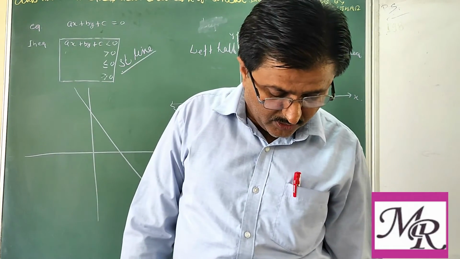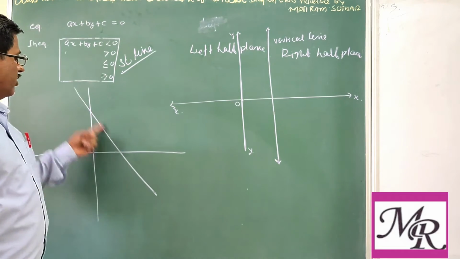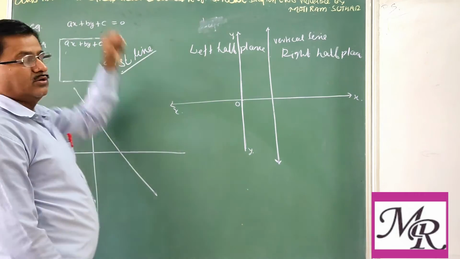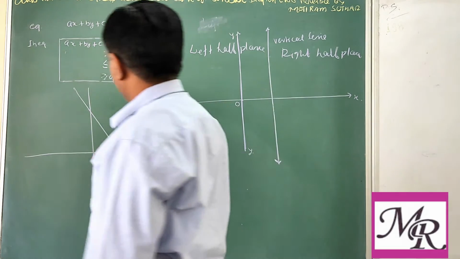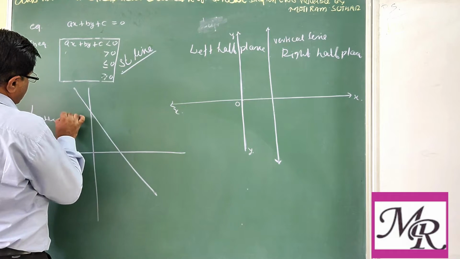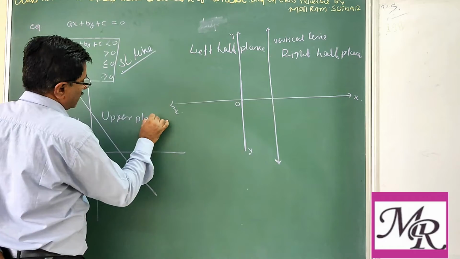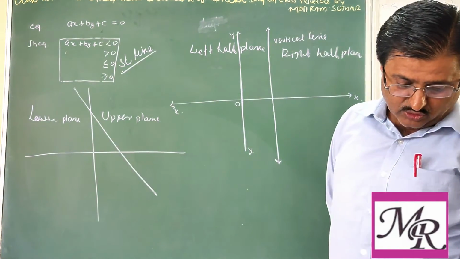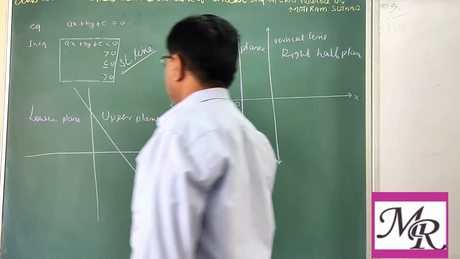Clear? But when we draw a non-vertical line or slanting line, this is the non-vertical line, it again divides the plane into two parts, which are known as the lower half plane and the upper half plane.